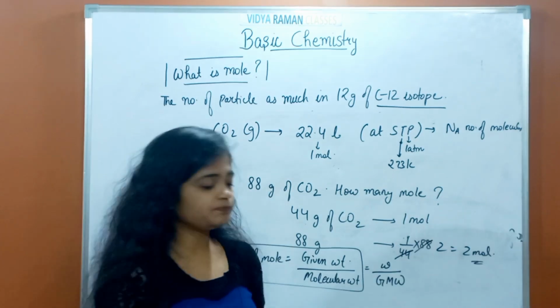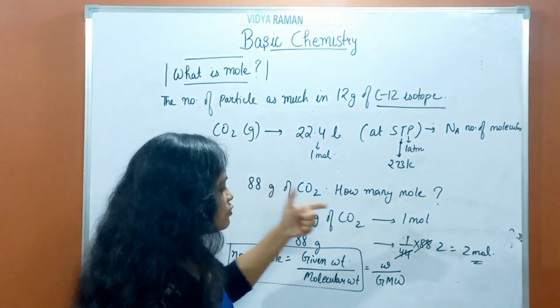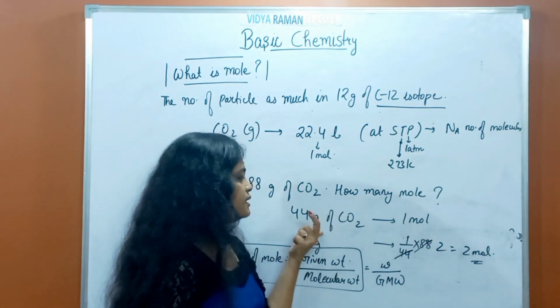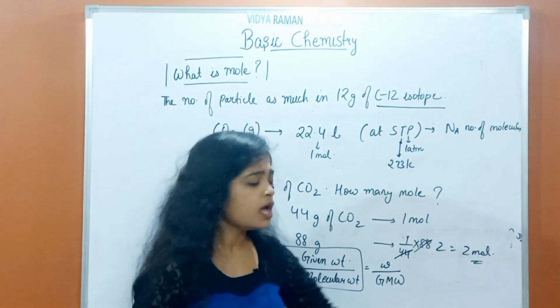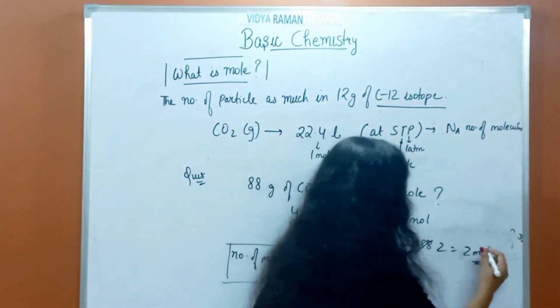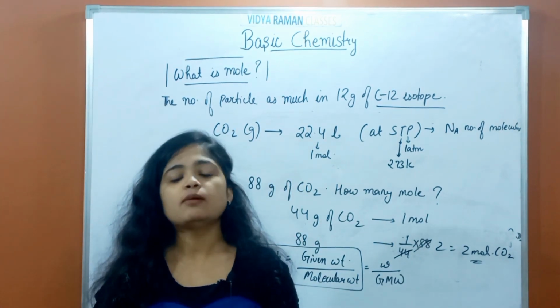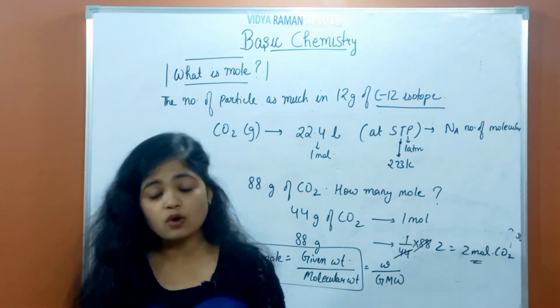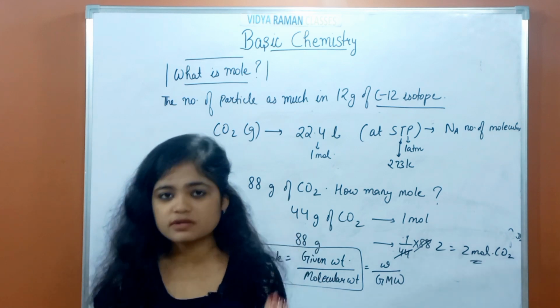This is the formula. Now an interesting part comes. When I asked that 1 mole of CO2 is having 44 gram mass, it was all fine. Number of mole came 2 mole. So now 2 mole CO2 is there. What if I ask how many carbon atoms or oxygen atoms are there, or how many moles of carbon or how many moles of oxygen are there?